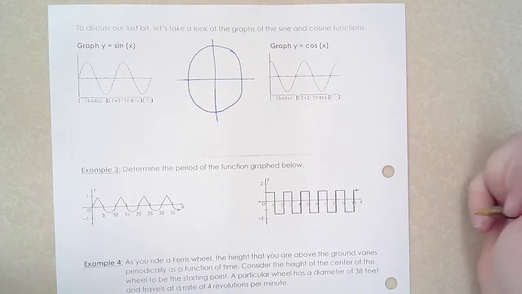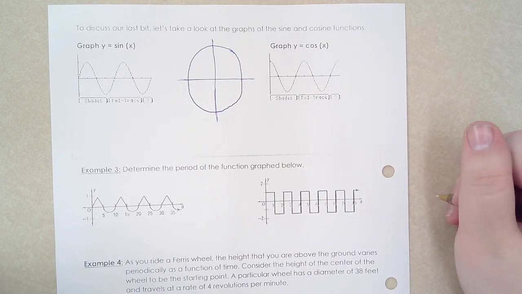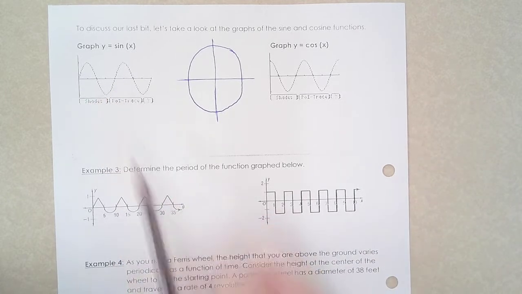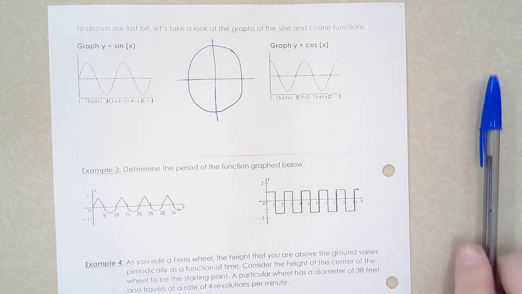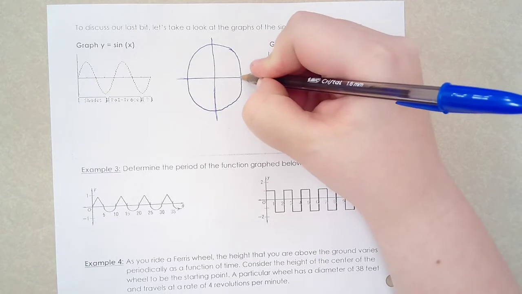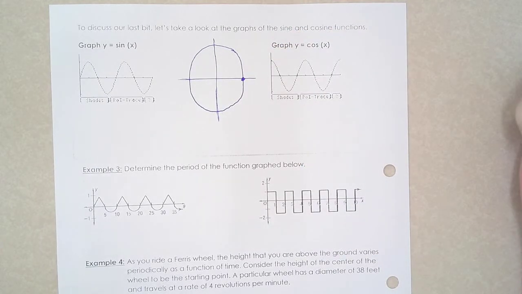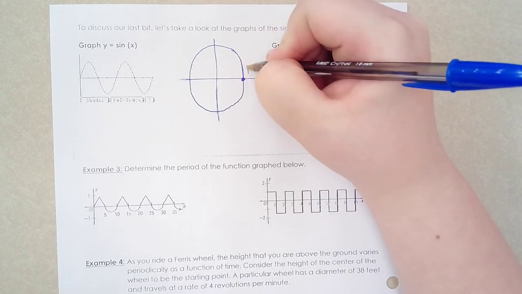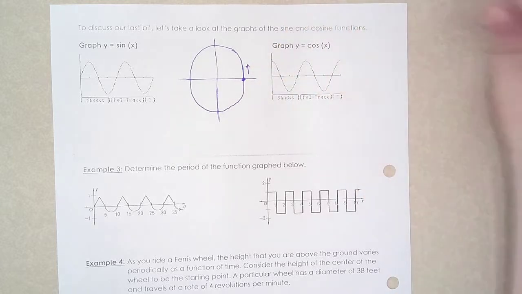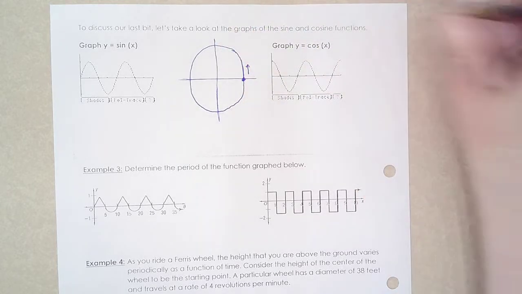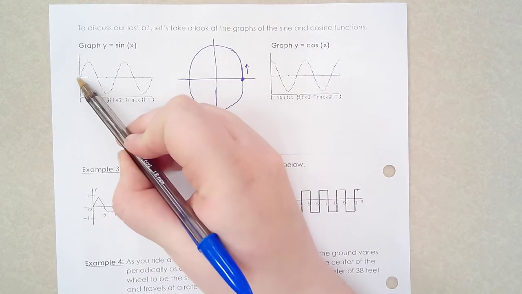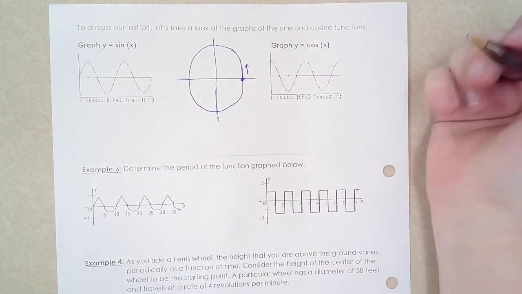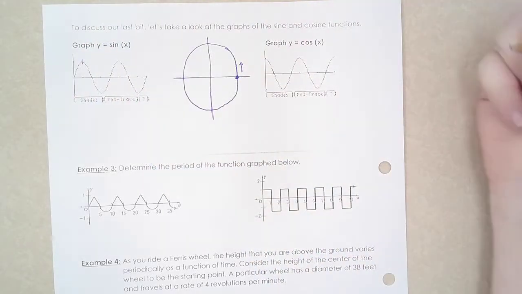Now, if I graph what happens over time with this circle, what is created is the graph of sine here. Now, how does that happen? Well, if I start at this point where we usually start on our unit circle, over time, I'm going to trace this line. What direction am I going? Well, I'm going up. So you'll notice if I also start at 0 here and trace over time, my graph goes up until it gets to a certain point.